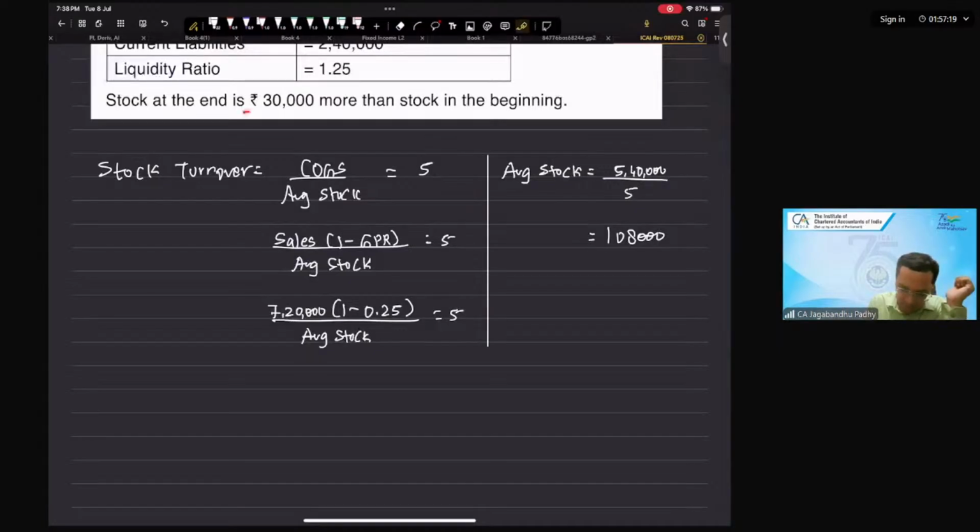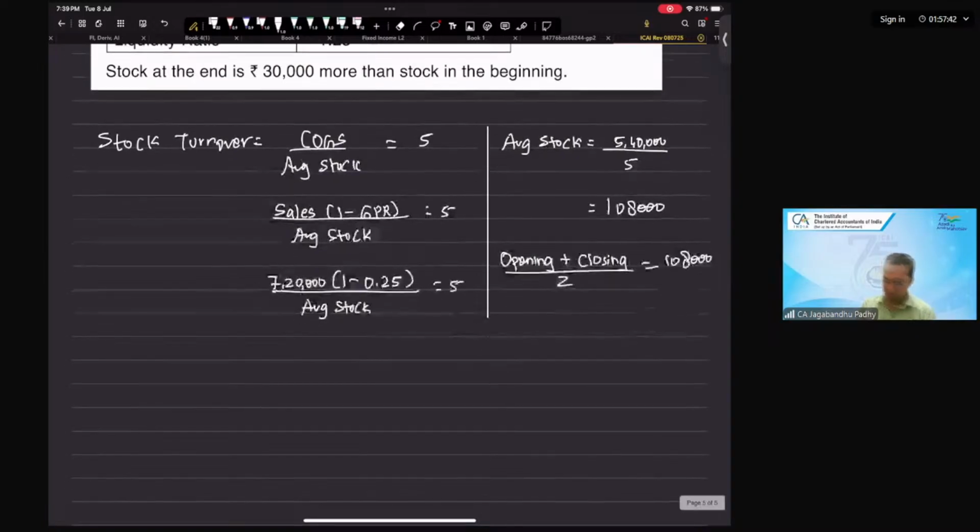And one information that we have is stock at the end is 30,000 more than the stock in the beginning. So of course, the average stock is going to be computed as opening stock plus closing stock divided by 2, which is 1 lakh 8,000.